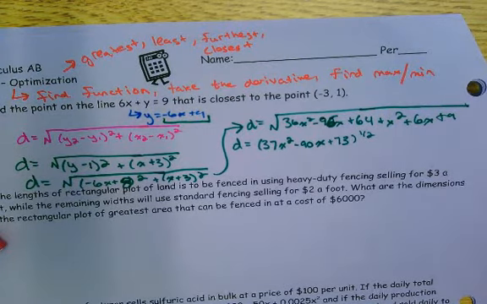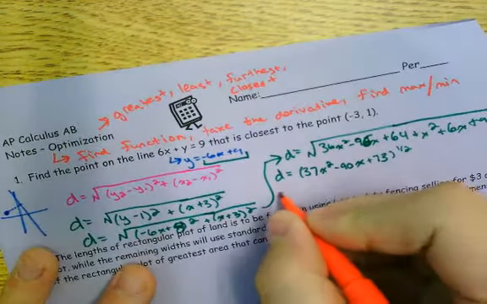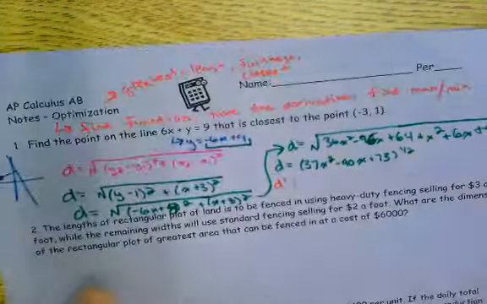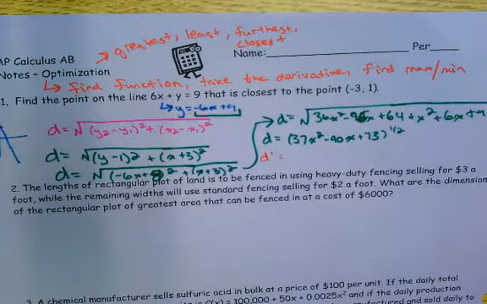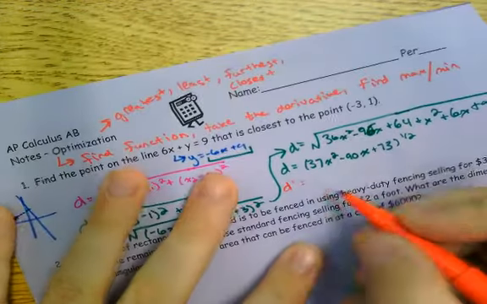Alright, so let's go ahead and take the derivative of this now. Now we're doing calculus, so I'll do that in red. Here we go. Where's the derivative at? This is going to be chain rule, correct? Oh, good thing we did a review on derivatives. It'll be chain rule.